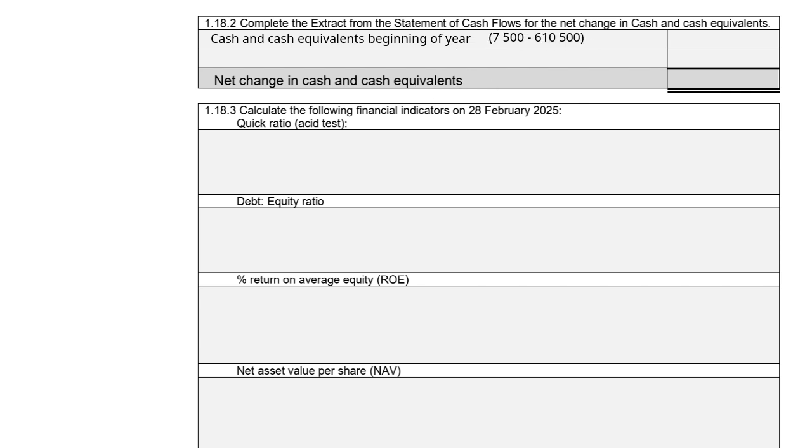So to calculate the cash and cash equivalents at the beginning of the year, it will be 7,500 minus 610,500, and that will then give you a bracketed amount of 603,000. Our cash and cash equivalents at the end of the year was 205,000. So our net change in cash and cash equivalents will then be 808,000.